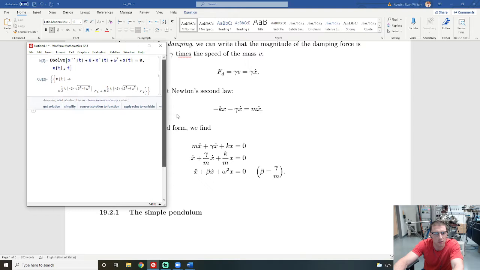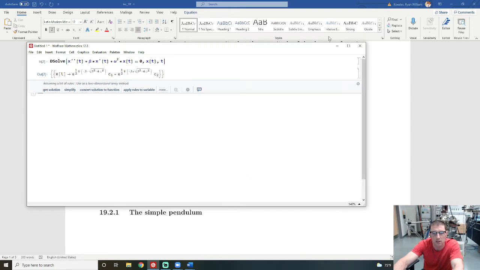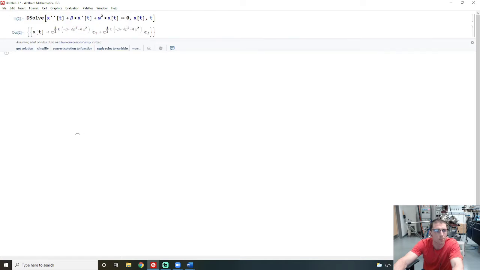And so this is kind of gross, right? Let me expand this so you can see. This is the solution. It's saying that x of t is given by some constant times this exponential term, and then you add to that some other constant times this exponential term.